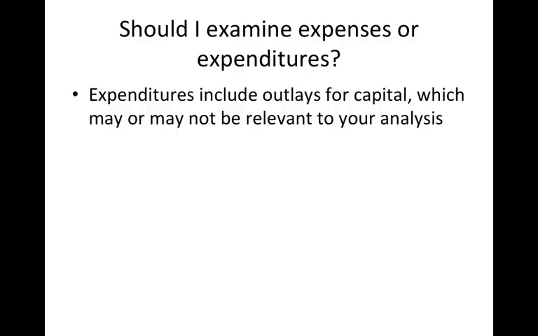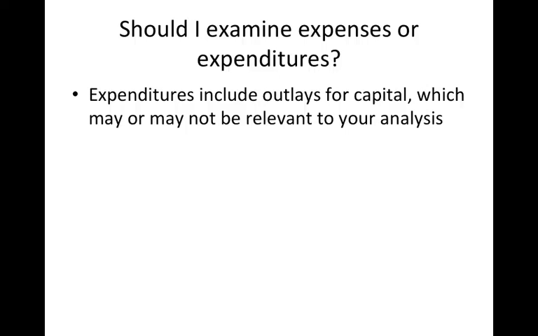And then lastly, expenditures include capital expenditures, not just operating, meaning purchasing equipment and building infrastructure and constructing roads and buildings and such. And that may or may not be relevant to what you're looking at. If you're just focused on the sufficiency of operating revenues for operating costs, then capital expenditures you don't want in there.